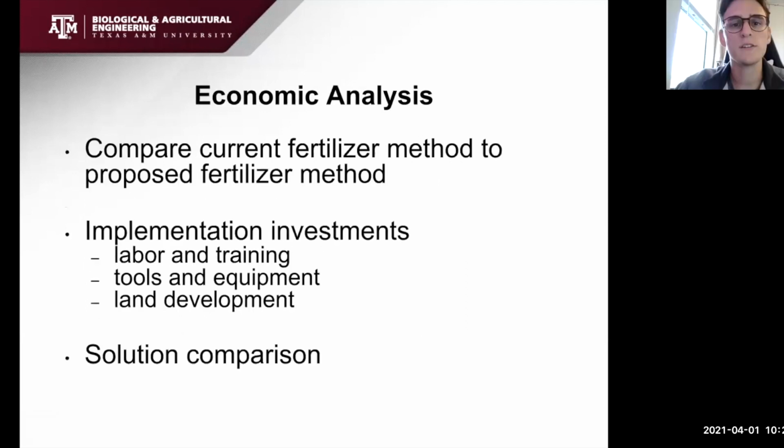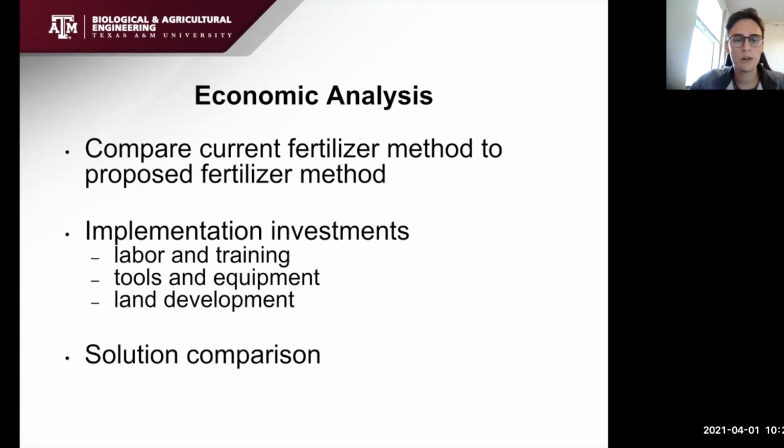All right, so this is going to be the segue into the economic analysis portion of our project. Firstly, we are going to compare the current fertilizer method that's being used by our client, where he's buying the pre-made fertilizer, to our proposed method of fertilizing, our solution with the chicken litter mix.